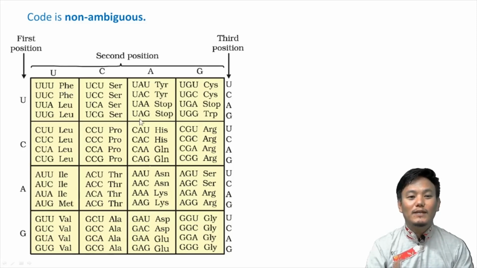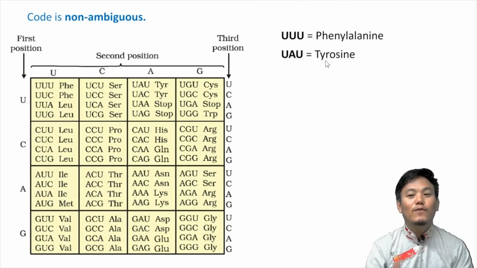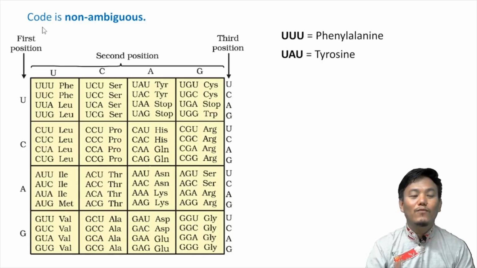If you look at UAU, it will code for a specific amino acid, that is tyrosine. Right? UUU codes for phenylalanine. If you look at UAU, let's try to find UAU, it codes for tyrosine. So each codon will code for a specific amino acid, and therefore the code is said to be non-ambiguous.